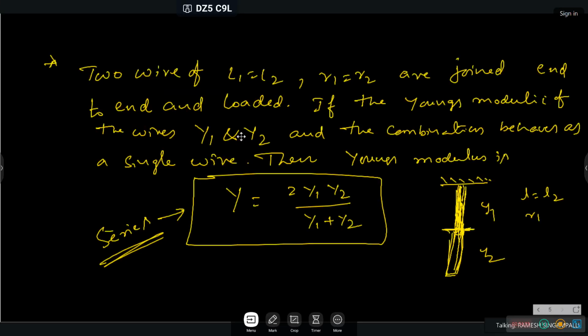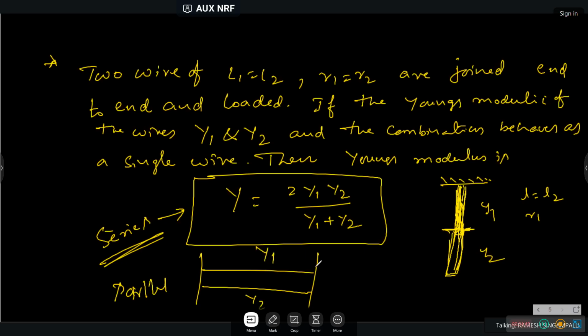If it is parallelly connected, then for parallel combination, two wires same length like this, one wire, another one like this. Parallel, write down this one also. Y1, Y2, L1 is equal to L2, R1 is equal to R2, everything.